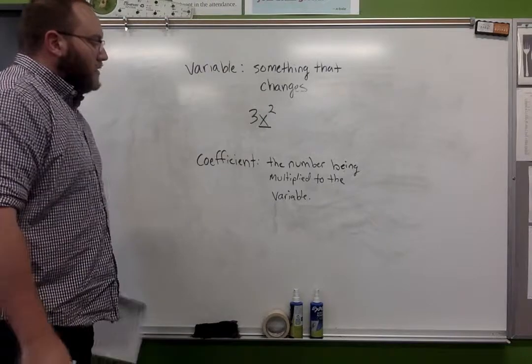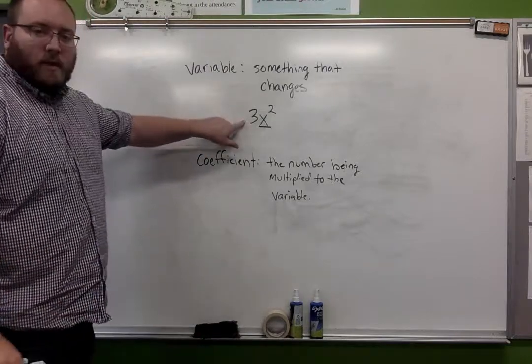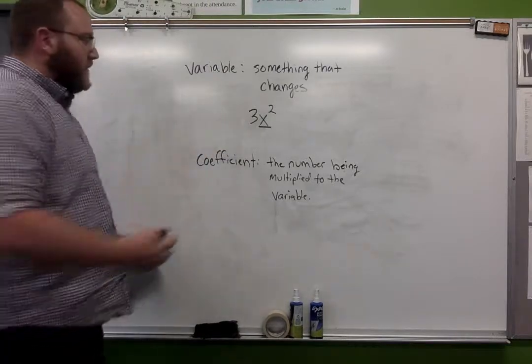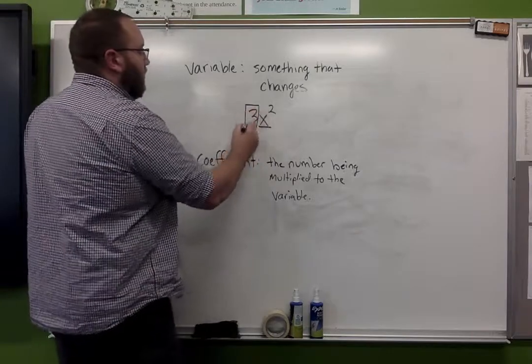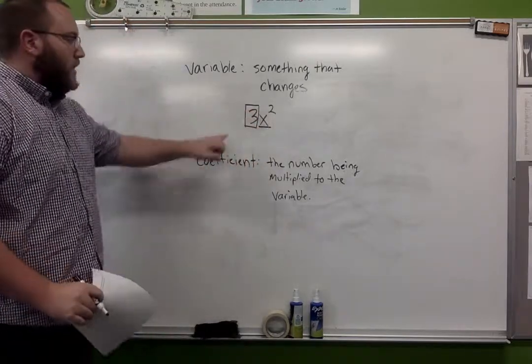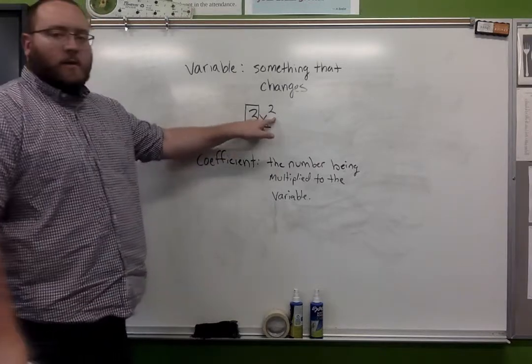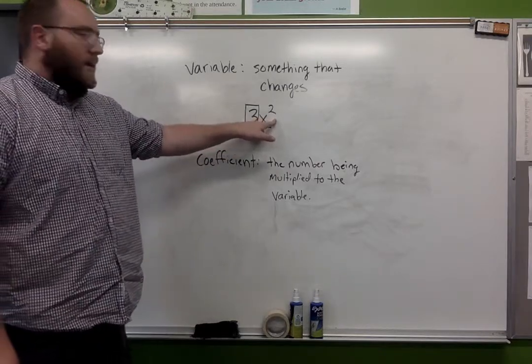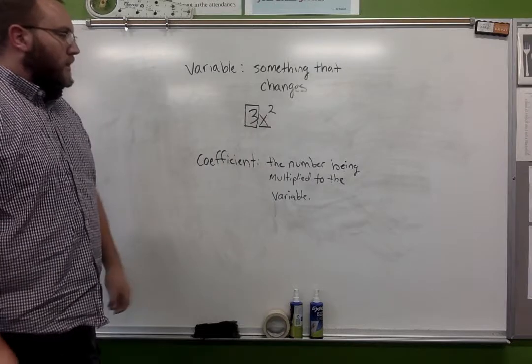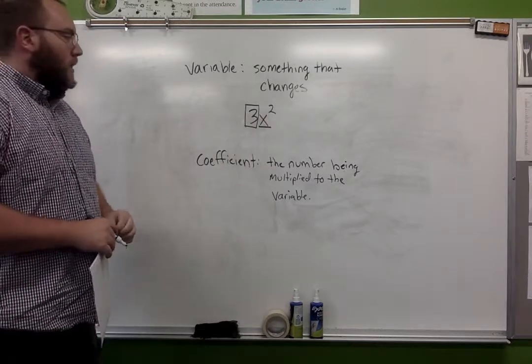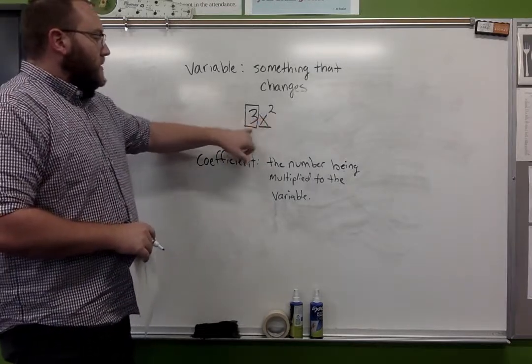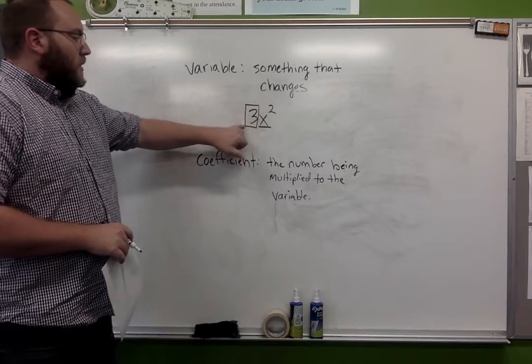So in this instance here, the 3x squared, the number being multiplied to the variable is 3. So 3 is our coefficient. This 2 is an exponent. You should have gone over that last year in SM1 when you did exponential equations. So this is an exponent. This is called a coefficient.